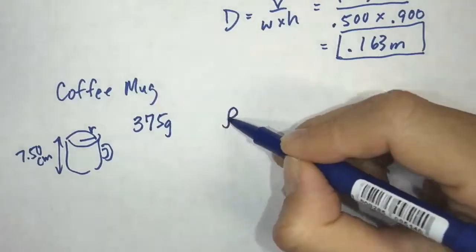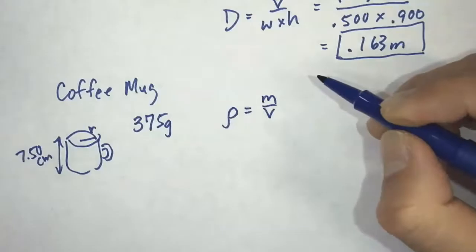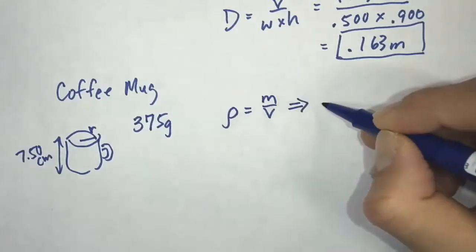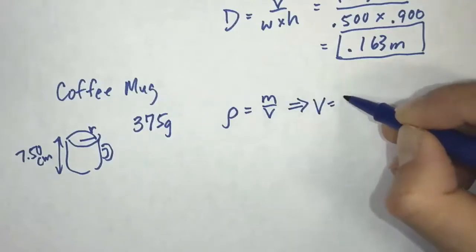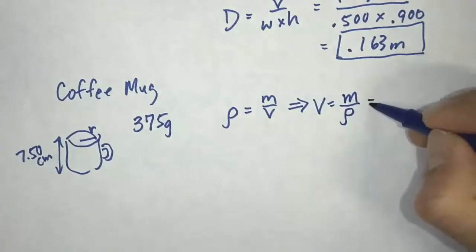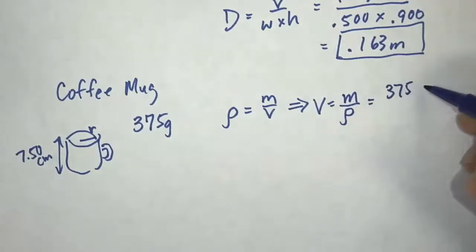And our density is mass over volume. In this problem, we're going to first figure out what the volume is. Okay, so volume is going to be mass divided by the density. The mass is 375 grams.